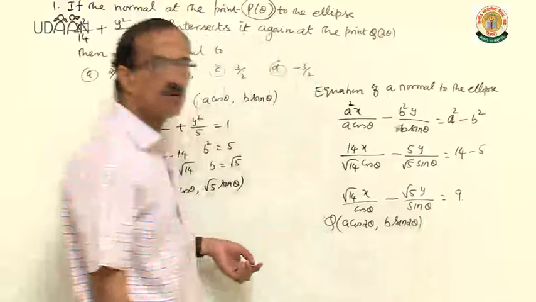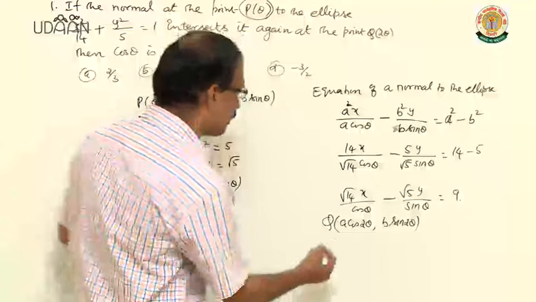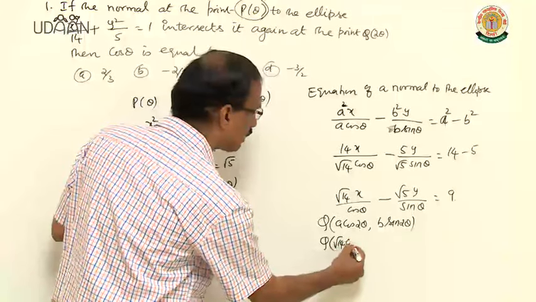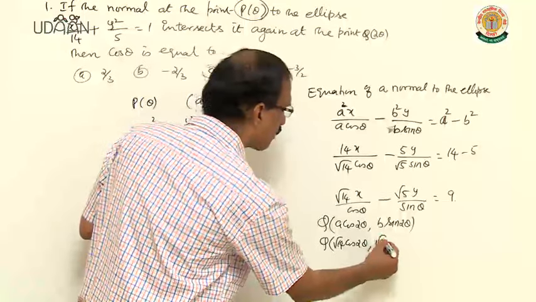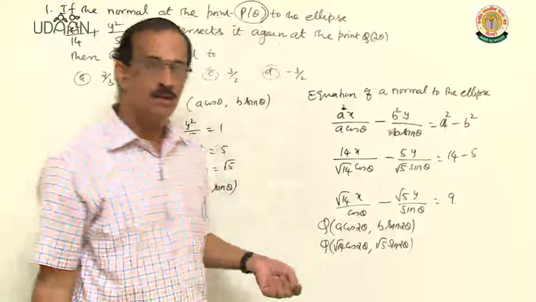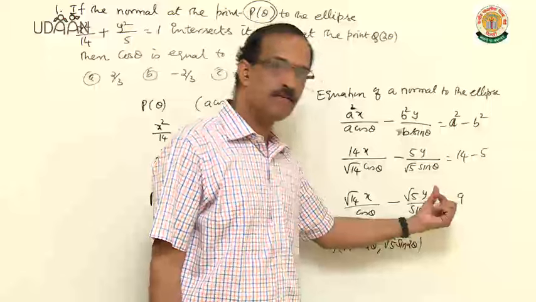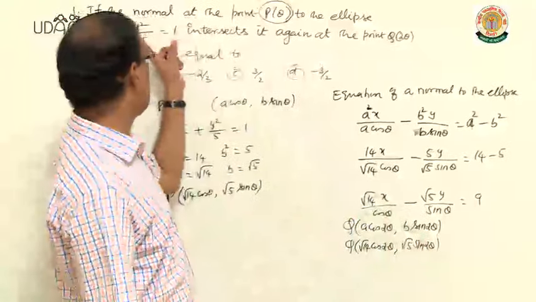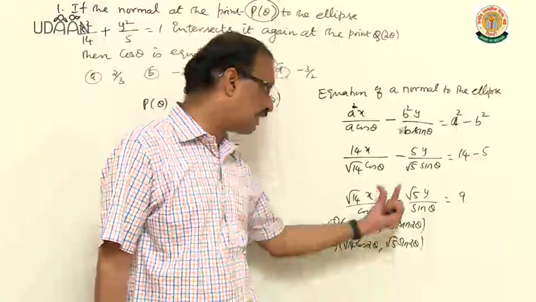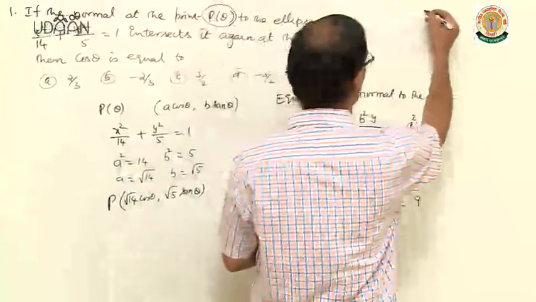So you get Q as root 14 cos 2 theta, root 5 sin 2 theta. This point also lies on this line, because this line meets the ellipse again at this point.